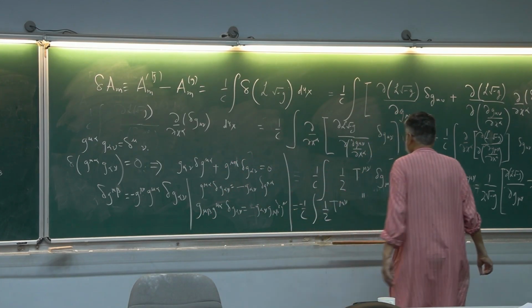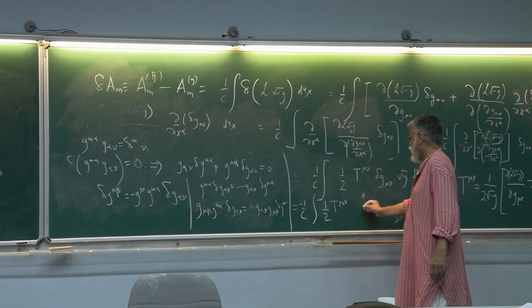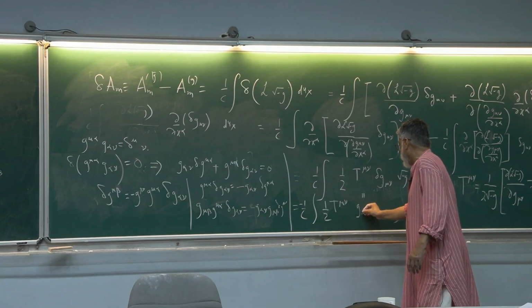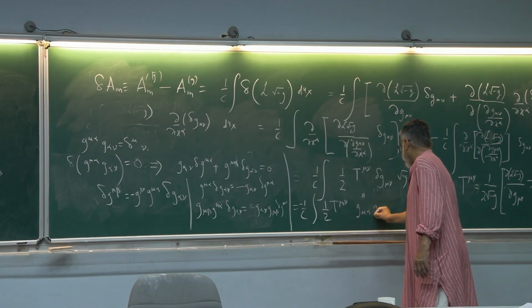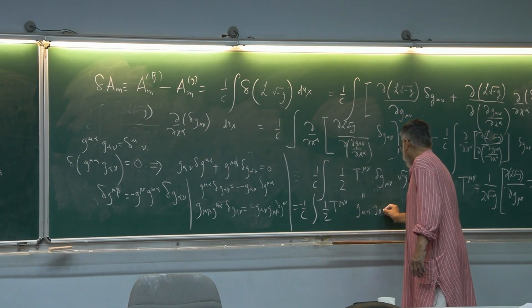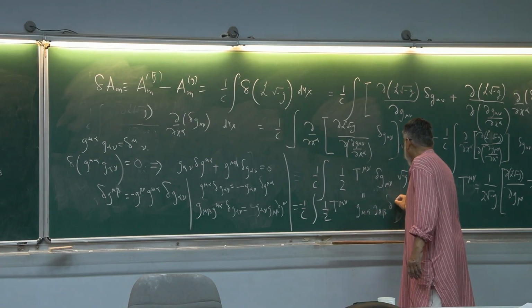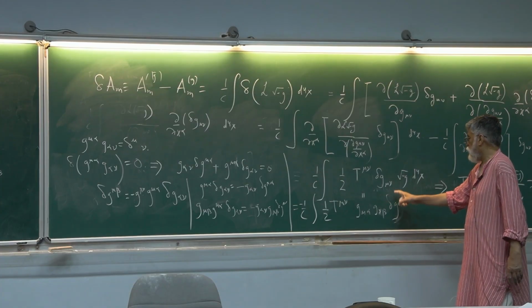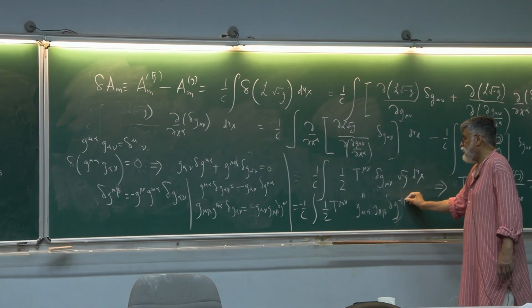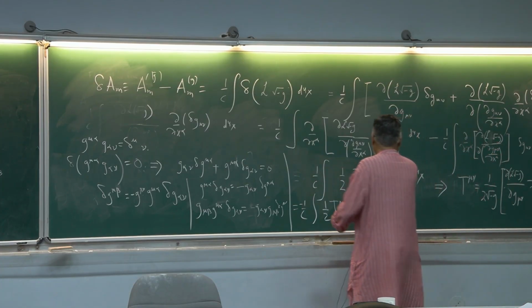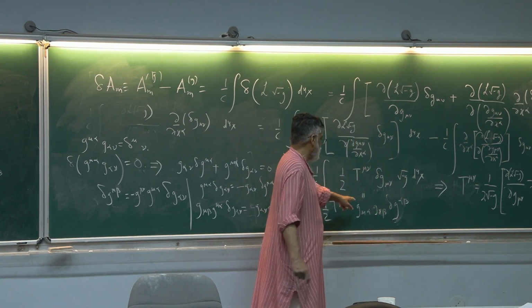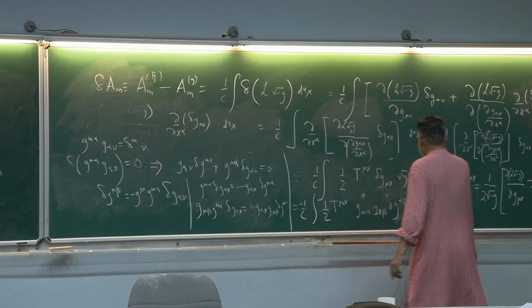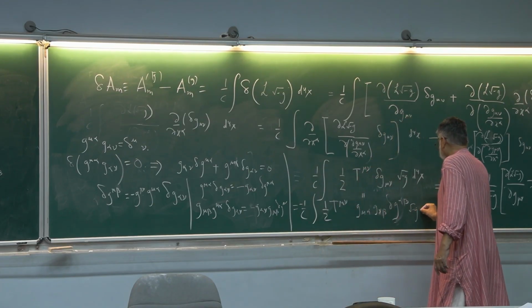All that will tell me that there is a minus, and delta g mu nu can be written as minus g mu alpha g nu beta delta g alpha beta. Convince yourself that delta g mu nu is minus g mu alpha g nu beta delta g alpha beta. And then of course root minus g d4x and all that.